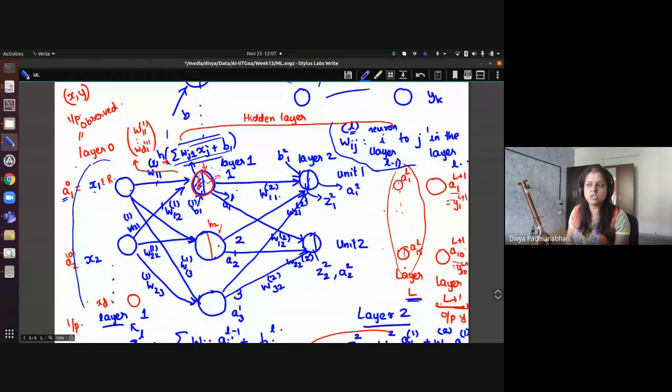And the final layer consists of A_1^{L+1} onward, with whatever number of neurons you choose. If it's a classification problem, you can fix this as the number of classes. Those neurons in the last layer are observed, and that is called the output layer. This is the configuration of the neural network.